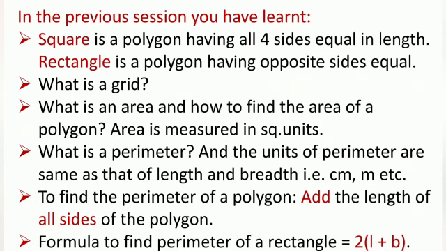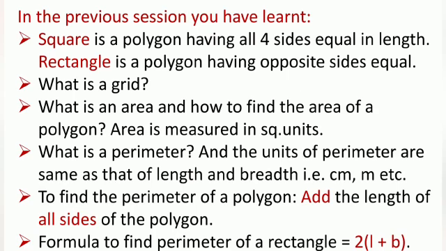What is a grid? Grid is uniformly spaced horizontal and vertical lines. Now, what is an area? An area is the space occupied by a flat shape or the surface of an object.